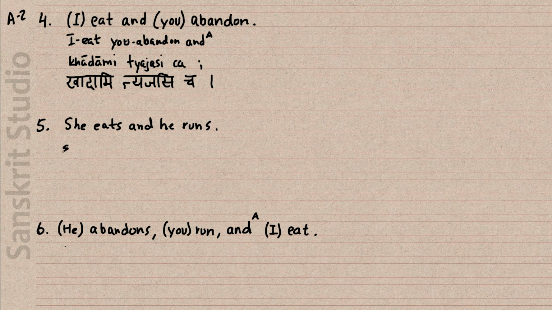So she eats, and we have C1, C2 here. So the and goes after the he. So first the he, and then the and then he runs.